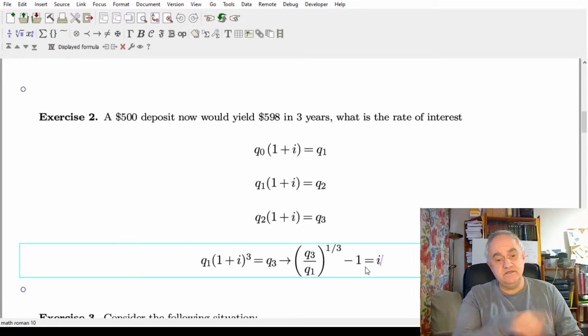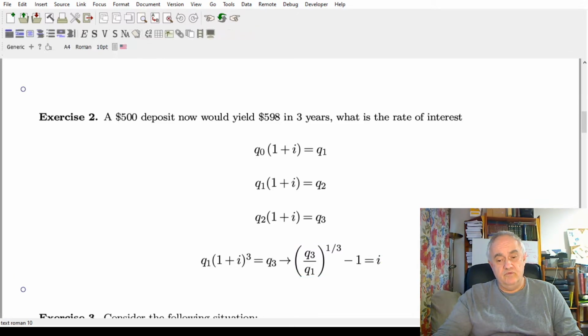And this interest is the average one that matches all these trajectories. There may be plenty of trajectories that match this, if we use a different interest per year. But we're assuming that there is only one constant interest rate in all the periods.